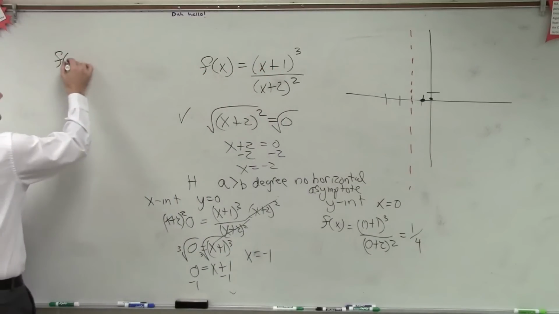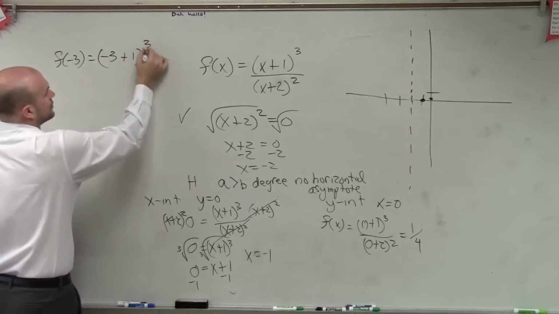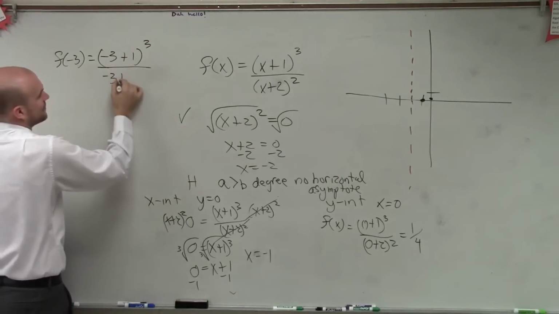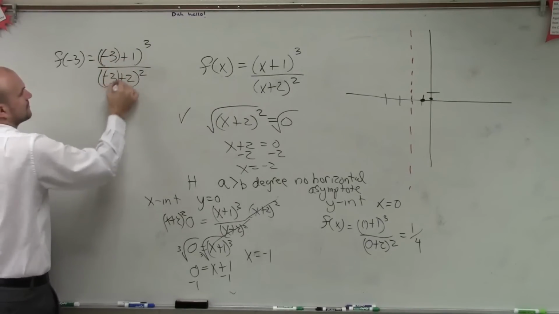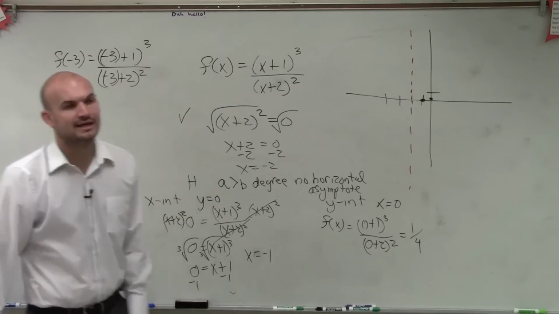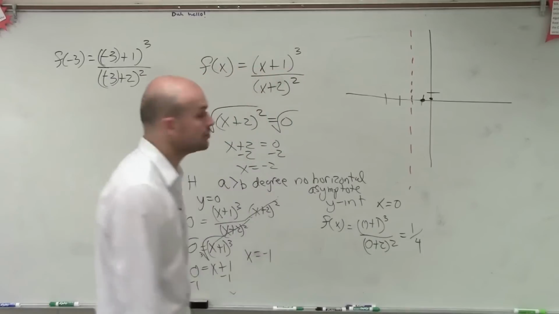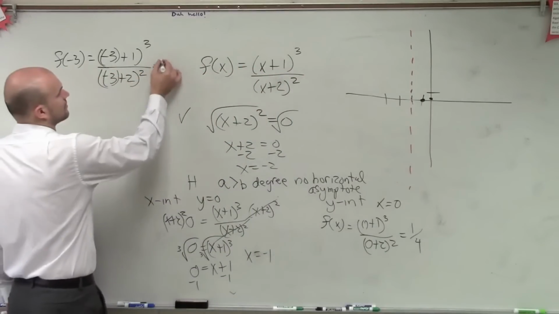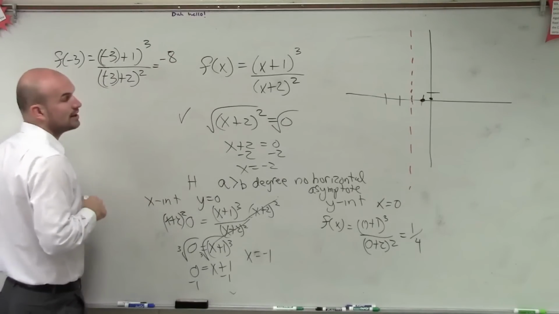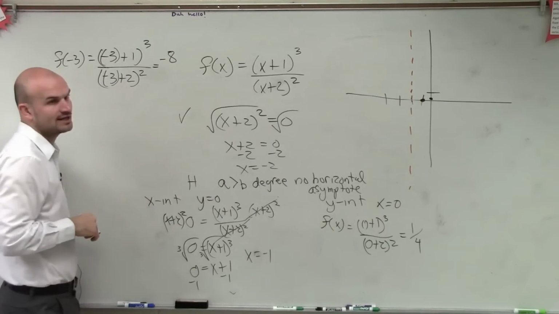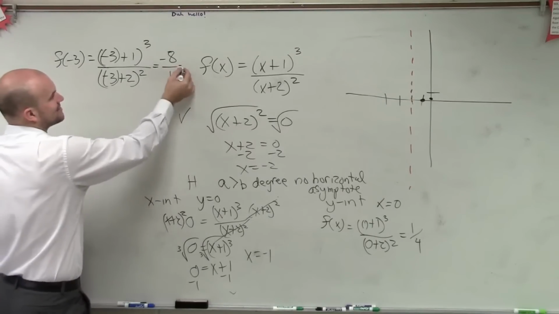So f of -3 equals -3 plus 1 cubed divided by -3 plus 2 squared. -3 plus 1 is -2, and -2 cubed is -8. -3 plus 2 is -1, and -1 squared is 1. So my answer is -8.